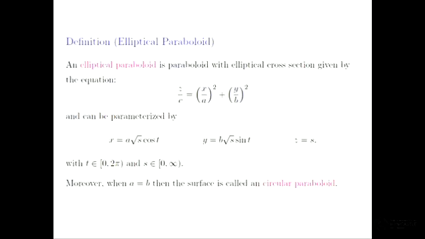I'm telling you this because this is on your website, and only because it's on your website. There's some question that says, can you classify the following curve as an elliptical paraboloid or circular paraboloid? So an elliptical paraboloid is a paraboloid with elliptical cross-section.